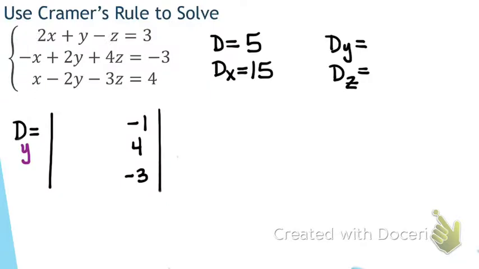So the coefficients of x are 2, -1, and 1. And now my y column becomes the constants. So let's put that 3, -3, 4 in the middle. Okay, find your determinant again.